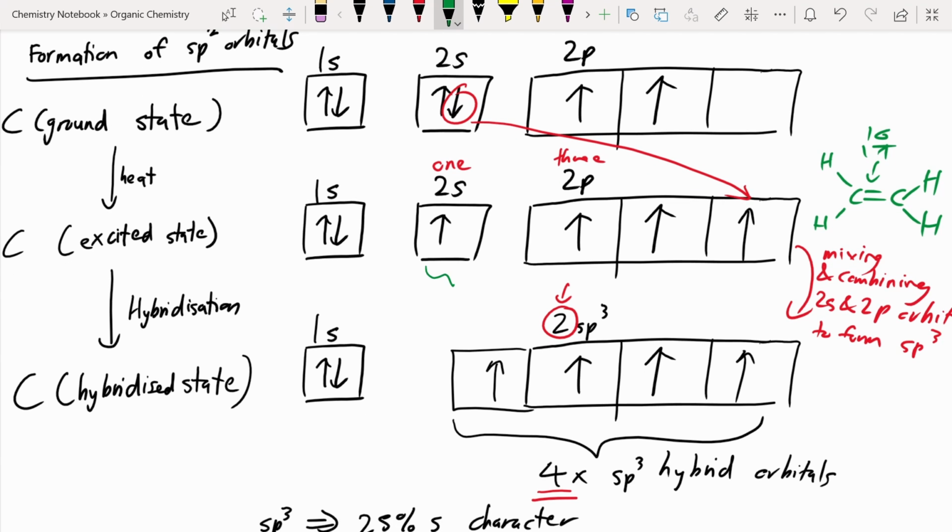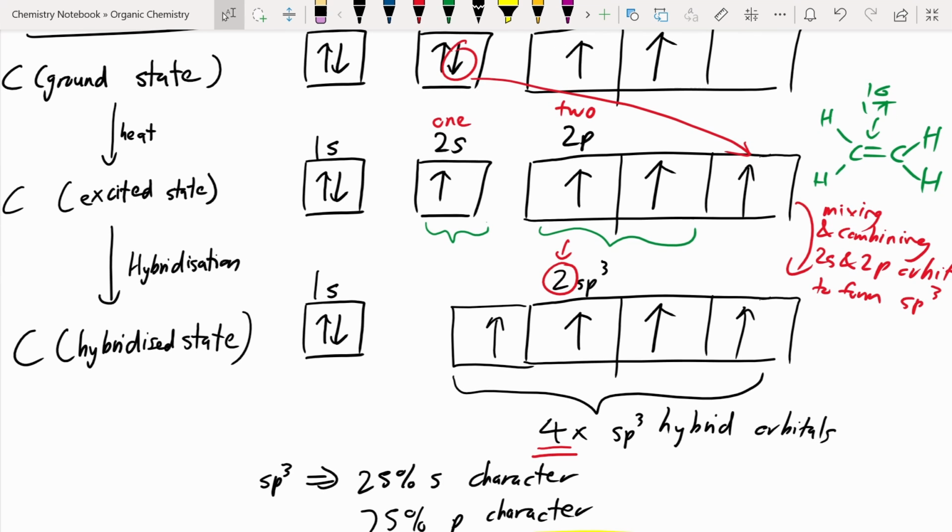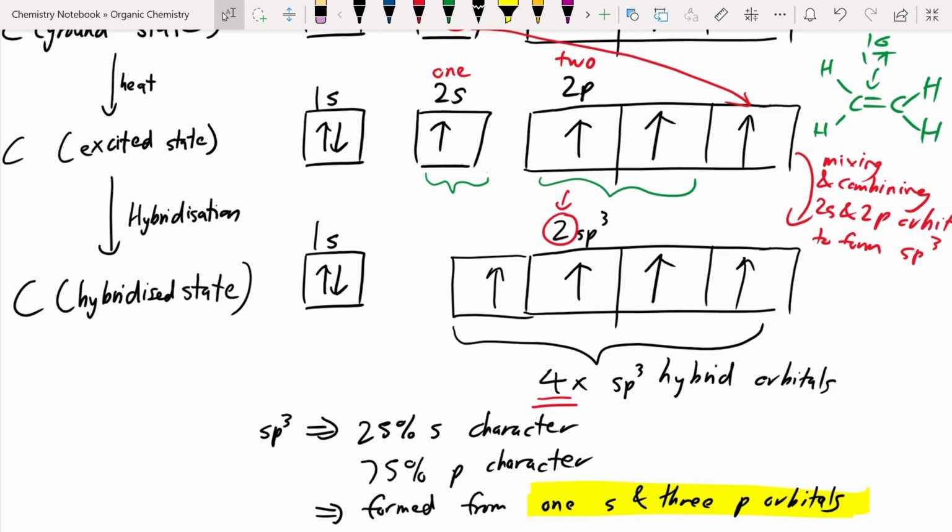So you'll be able to mix 1 2s orbital and 2 2p orbitals. Once you mix these orbitals, you'll be able to form sp2 now.